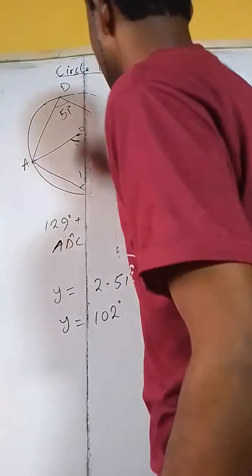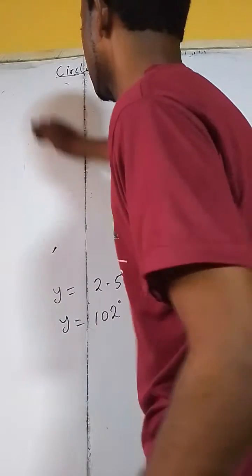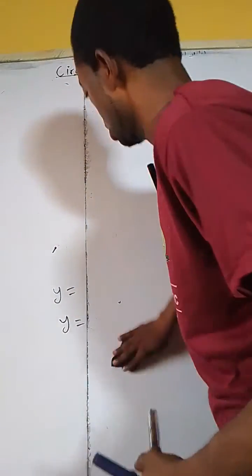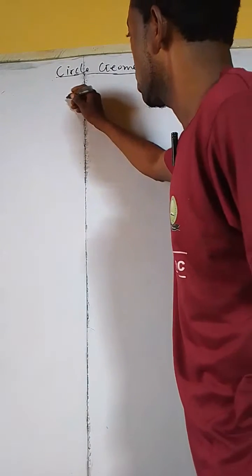We're also given a circle. And from here, we have this shape.